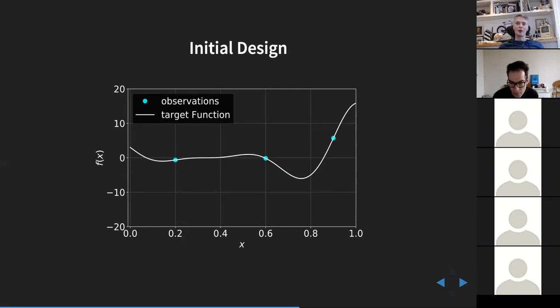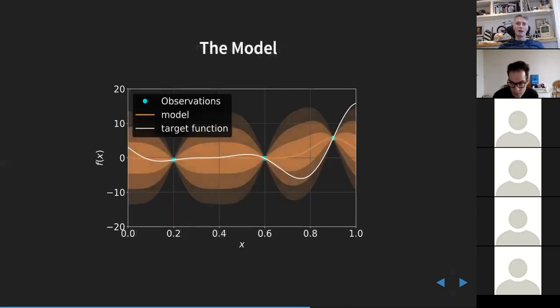And in experimental design, the very natural thing to look at, apologies for the model sitting over the error bars there, is the uncertainty in the function. So what you're seeing here is the fit of an emulator to those 3 initial design points.